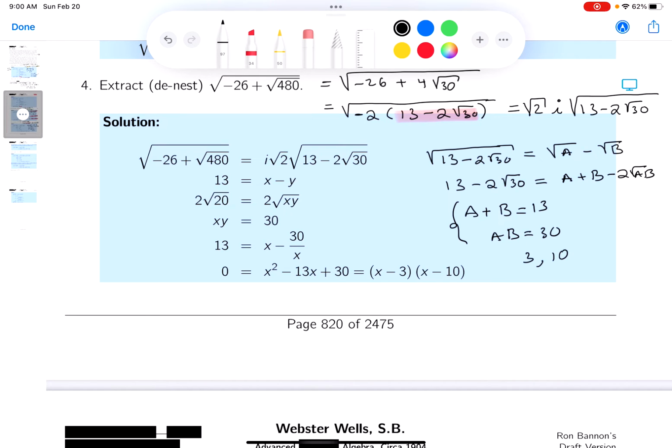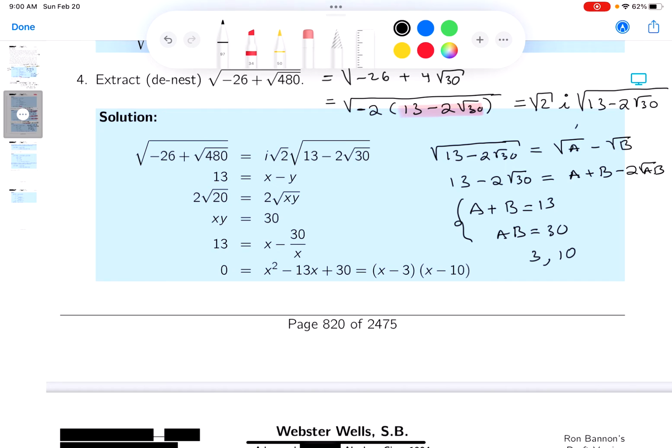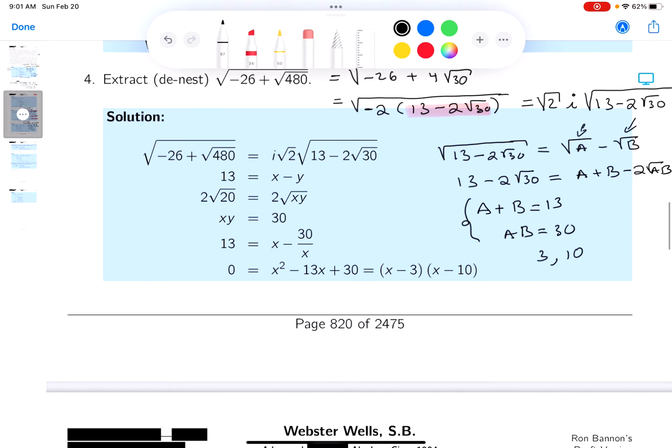Well, I'll be honest with you, if we're talking about principal roots, this is going to be a positive number. So what do I get over here? I would get root 10 minus the root of 3. All right? That's right over here. And this is equal to the root of 13 minus 2 root 30. And that's the principal root, by the way.